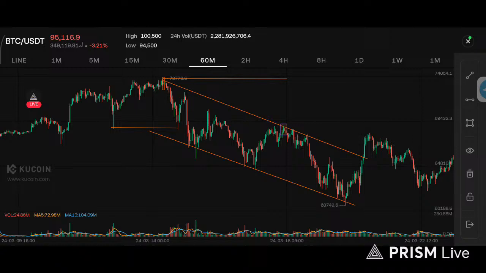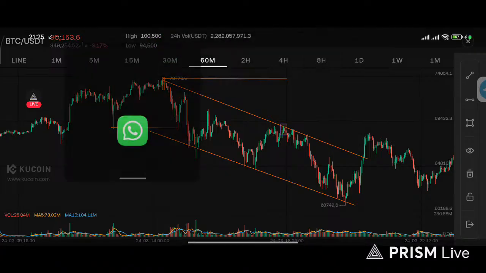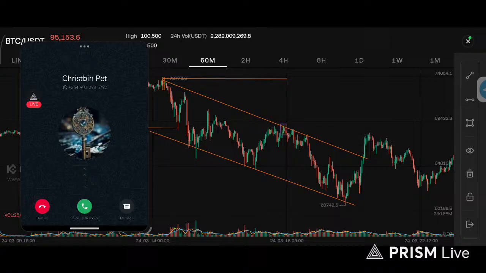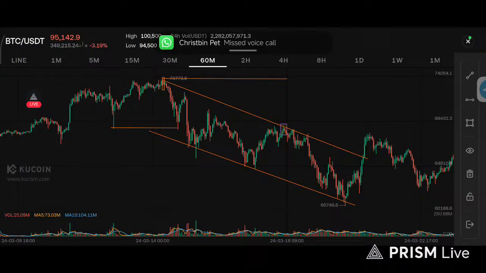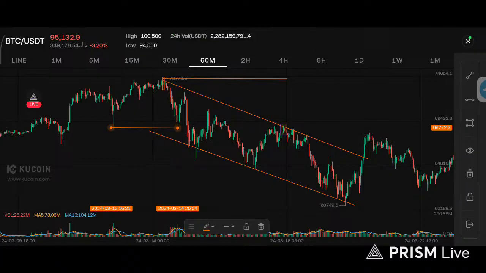Once there's a break in the lower low, that is when we have the break of structure. In a downtrend direction, it means the lower low is broken. But in an uptrend direction, it is when it breaks the higher high. That is when we have a valid break of structure.